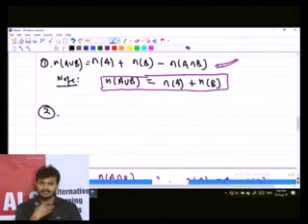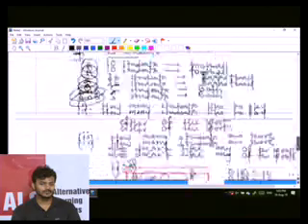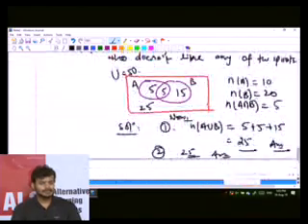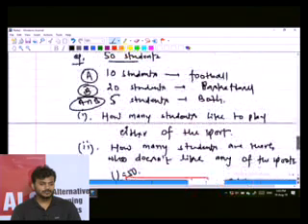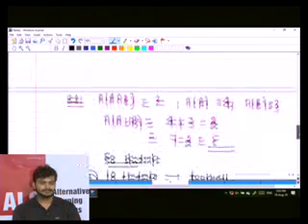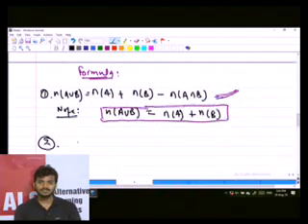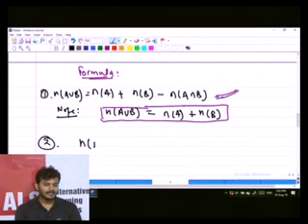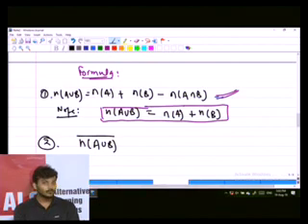I am just keeping it for now. What is actually this formula? The answer I asked you, how many students do not like any of this part? What does that mean? They like neither A nor B. So that means this one, A intersection B bar. I hope you are getting my point.